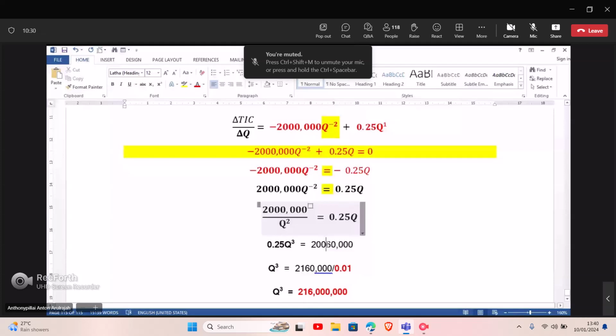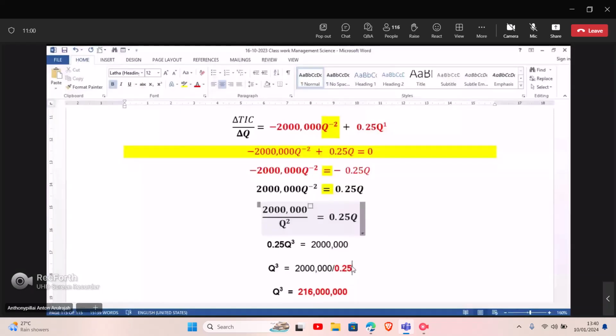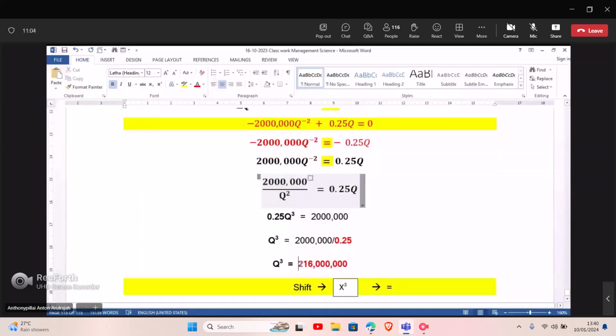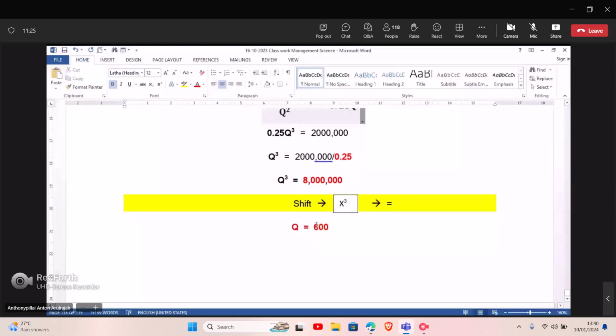And this should be divided by, and we will get the answer. Q is 200.